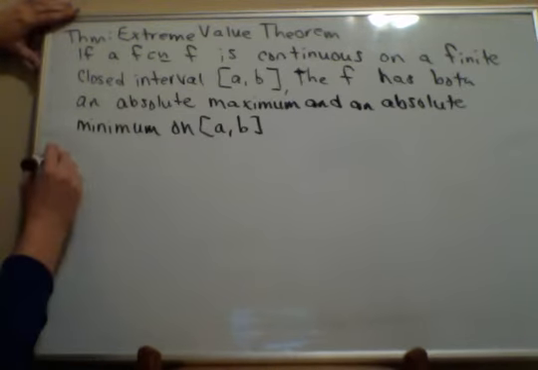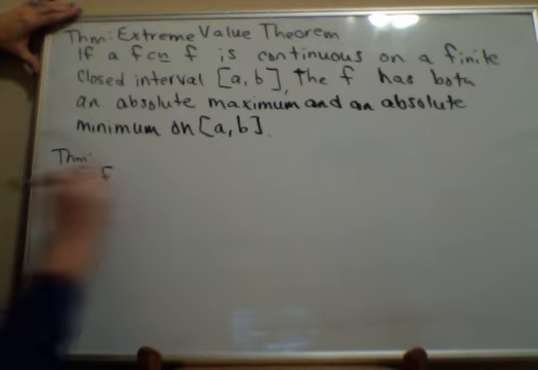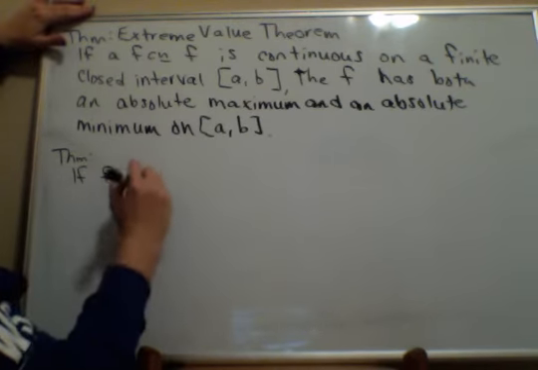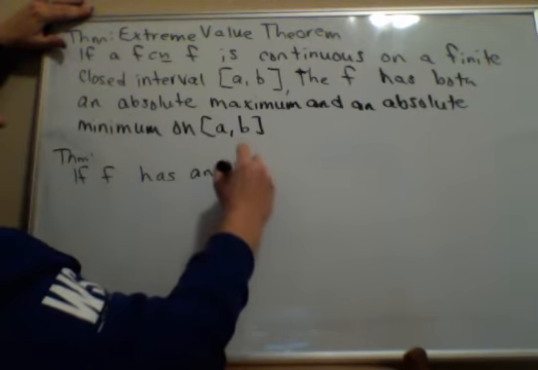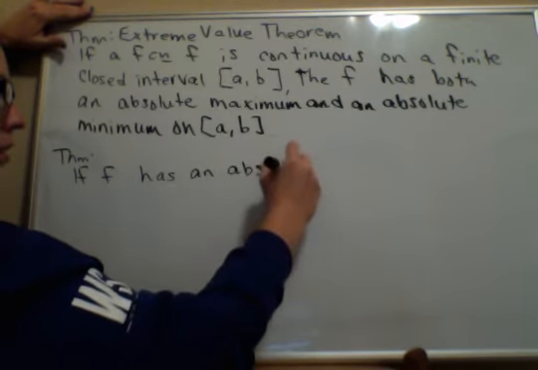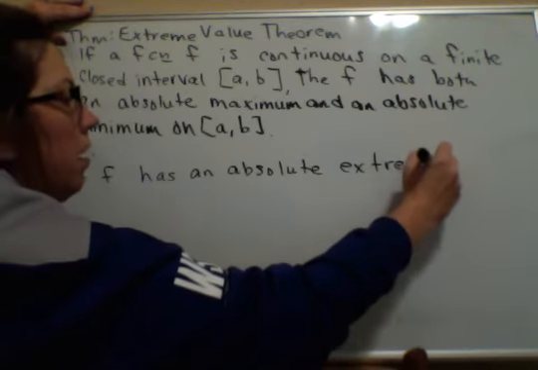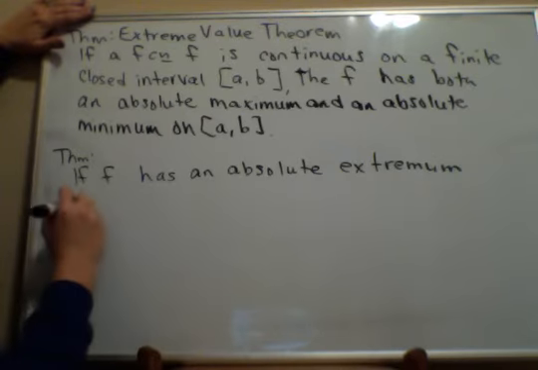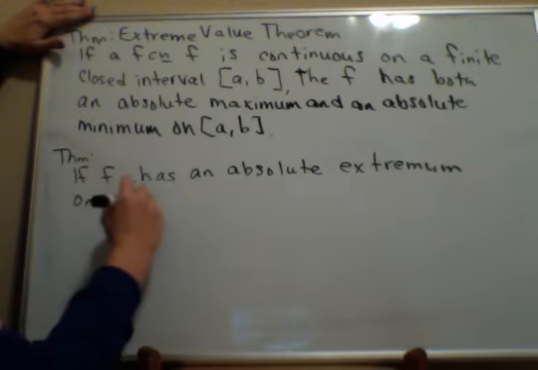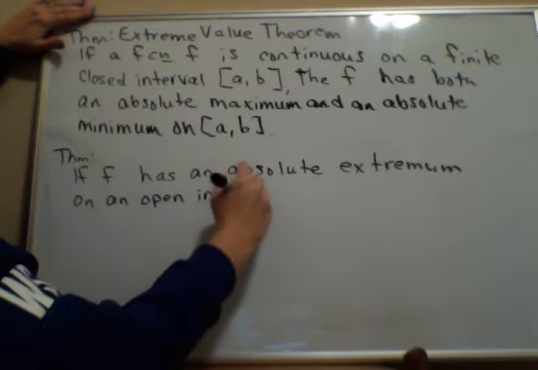We have another theorem. This one does not have a name, so it's just kind of an interesting one. It says if f has an absolute, here's an interesting word, extremum on an open interval. So this time it's an open interval, different than the last one, which was a closed interval.